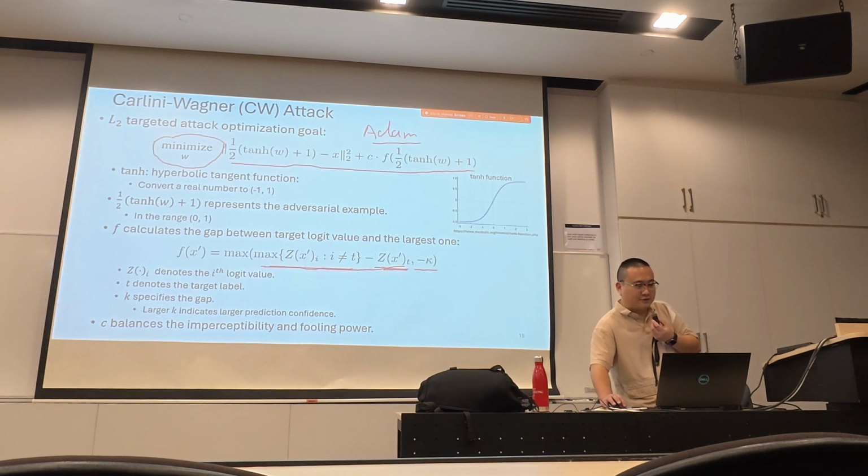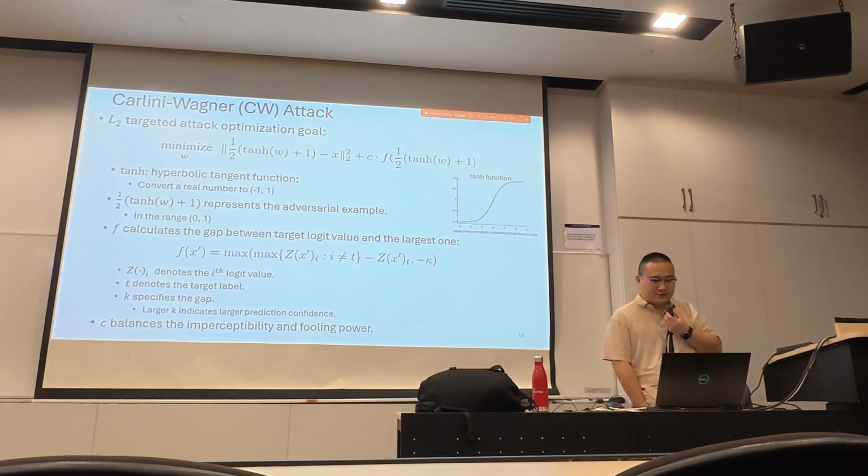You let Adam know that the variable we want to change is W. So Adam will change the value of W to minimize the term that we give to it. Technically, this term can also be considered as the loss function or cost function. So you want to minimize the cost function by changing the value of W. So that's the CW attack.